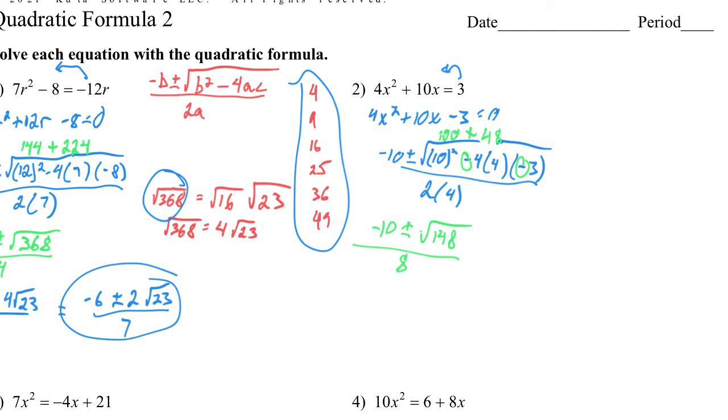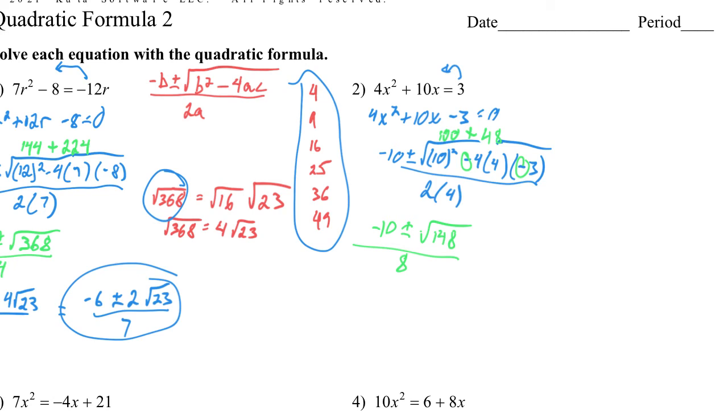Now I'm going to check that 148 and see if it can be square rooted. It can't, not evenly anyway. So now I'm going to check those perfect square numbers to see if I can divide into the 148. So check 148 divided by, you can check any of them, I don't know, 36.